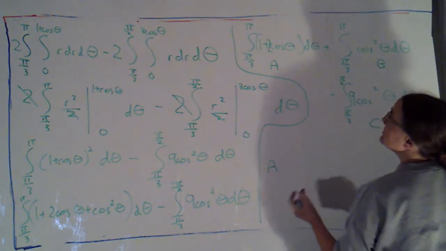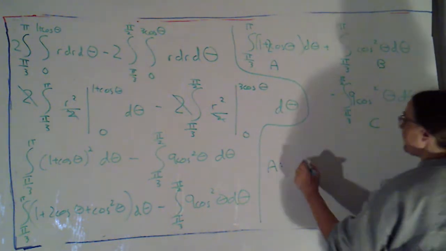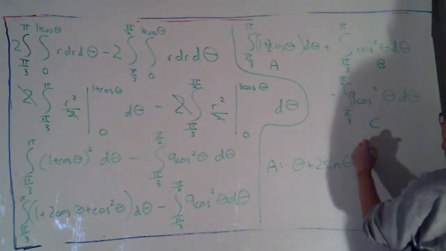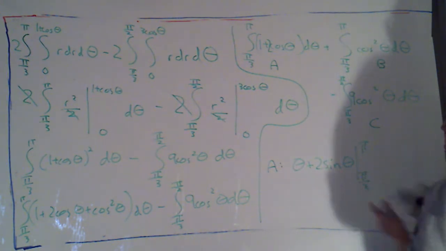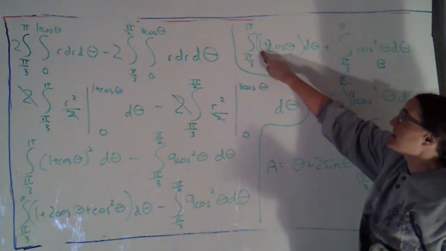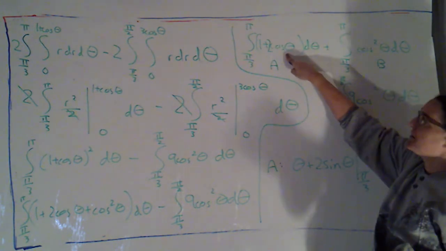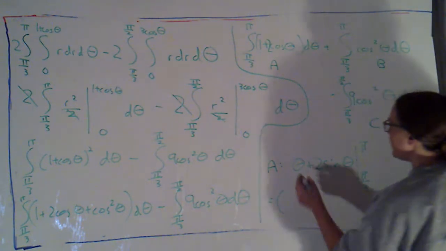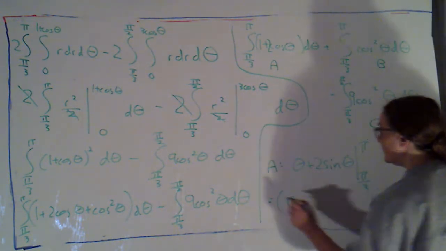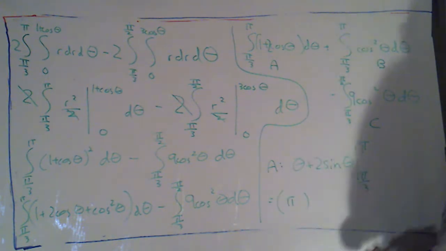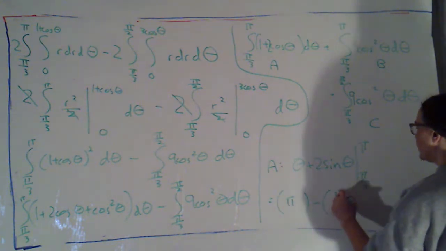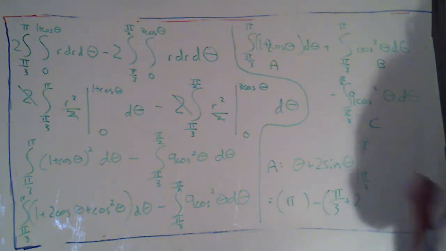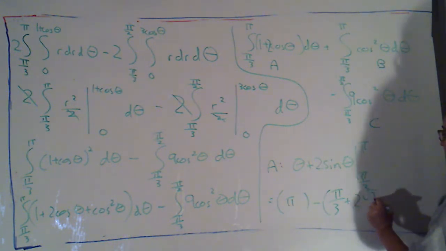Okay, so A is just going to be, let's see, theta plus 2 sine theta evaluated between pi and pi over 3. Antiderivative of 1 is theta, antiderivative of 2 cosine theta is 2 sine theta. So that's just going to be pi plus 0, because sine of pi is 0, minus pi over 3 plus 2 copies of sine of pi over 3, which is root 3 over 2.